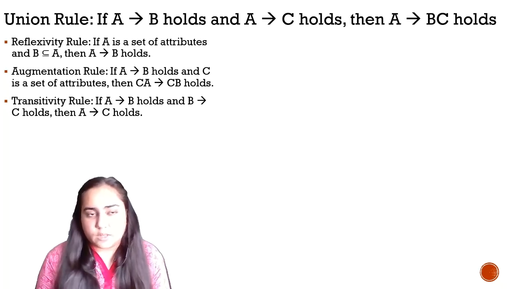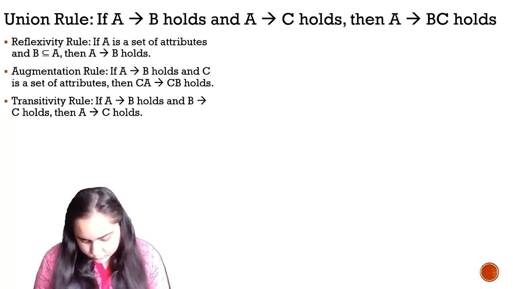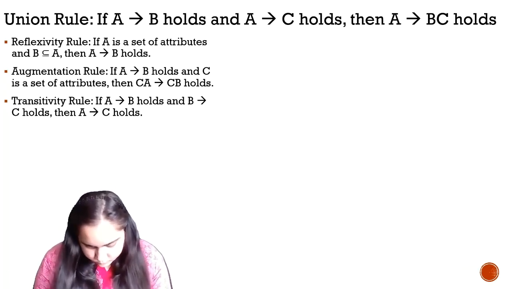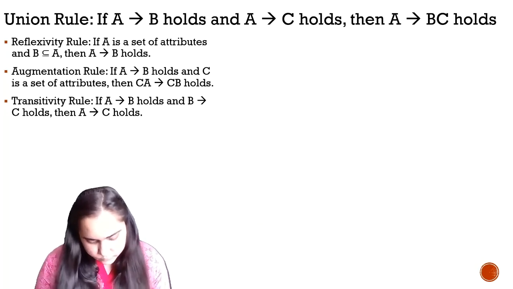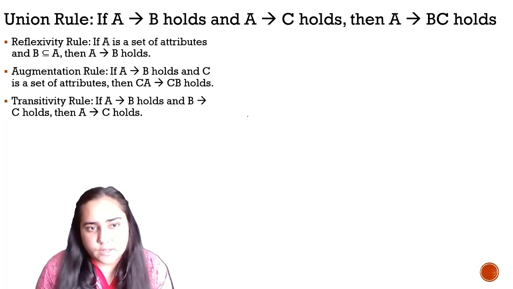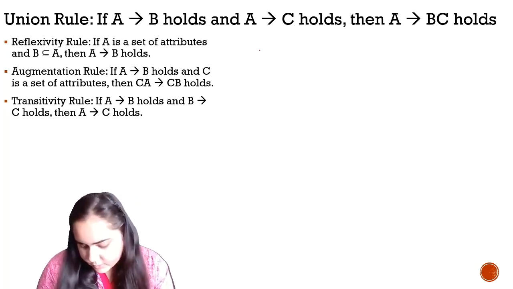You cannot use the other rules; you can use only the three basic rules to prove this additional rule. So let us see how we can prove these rules. I'm going to show you the calculation that I am performing right here, so you can see it.